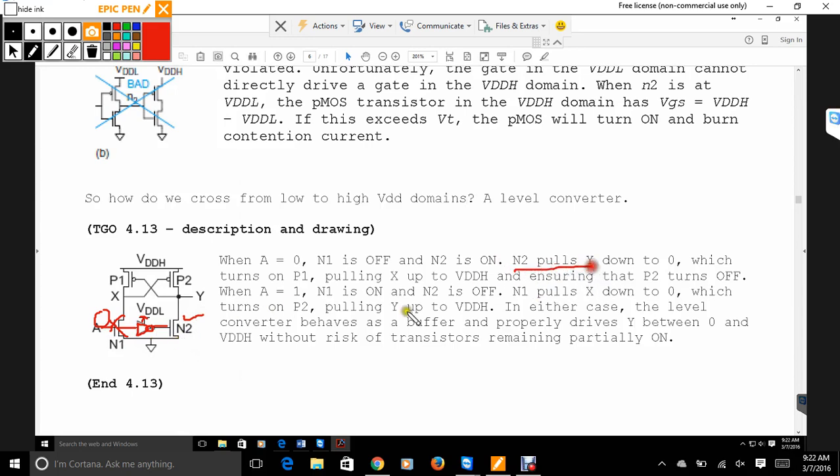Now that N2 is on, it's going to pull Y down to 0, which is going to turn on P1. So here's 0's here. Well, look at that, we got that PMOS on. So now X is going to be 1.